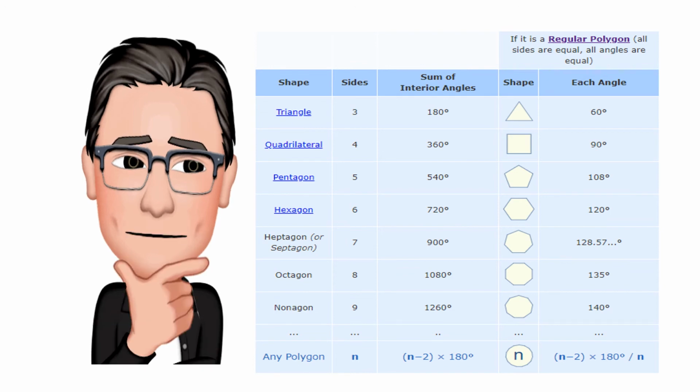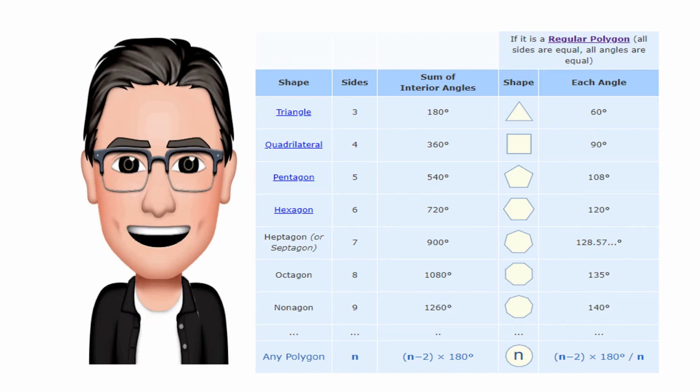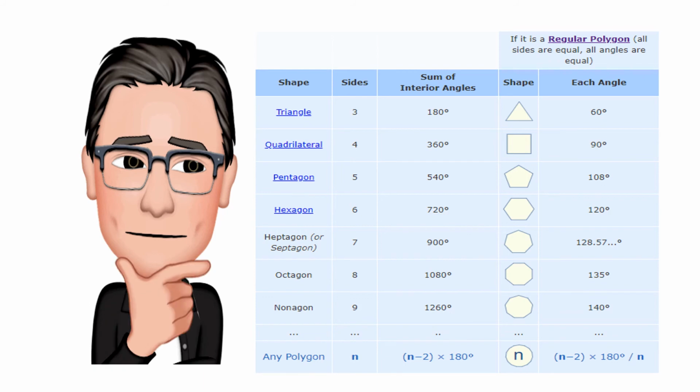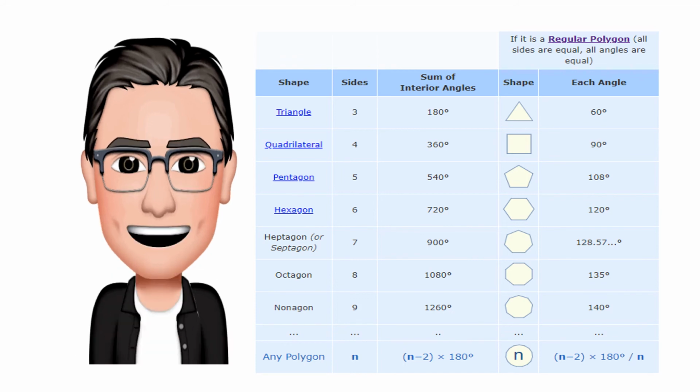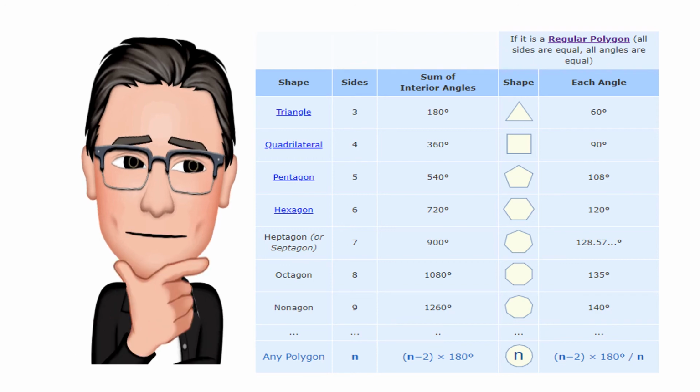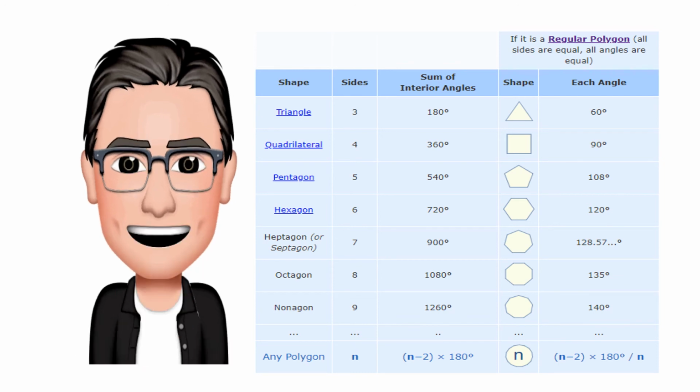Regular quadrilateral: each angle measures 90 degrees. Pentagon: 5 sides, sum of interior angles 540 degrees. Regular pentagon: each angle measures 108 degrees. Hexagon: 6 sides, sum of interior angles 720 degrees. Regular hexagon: each angle measures 120 degrees.